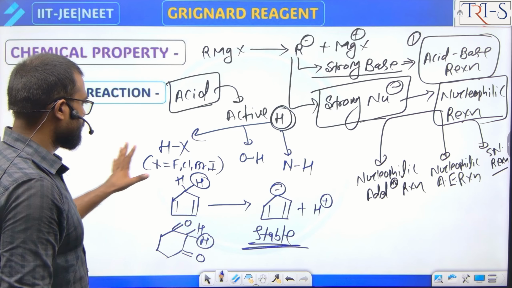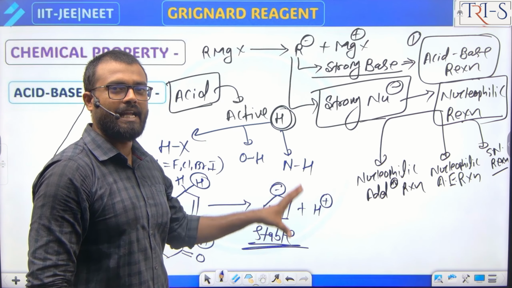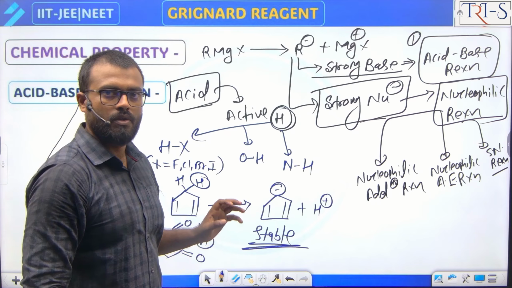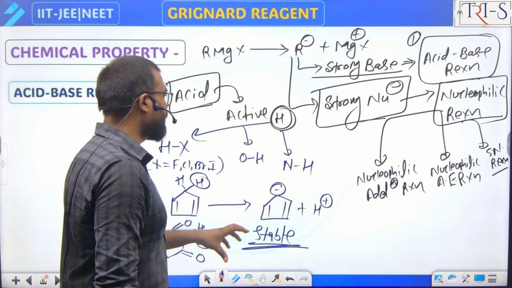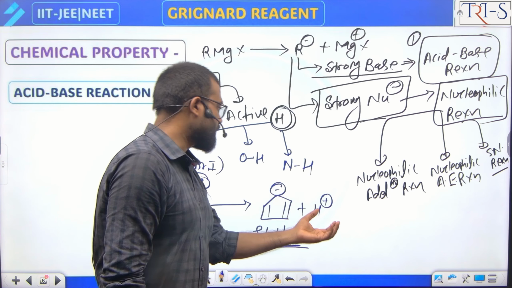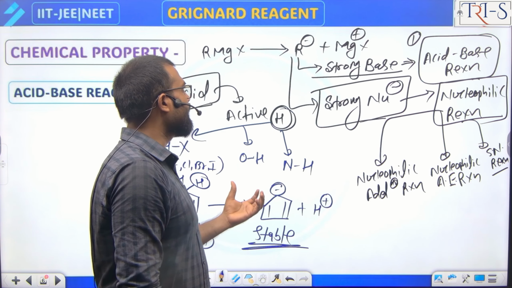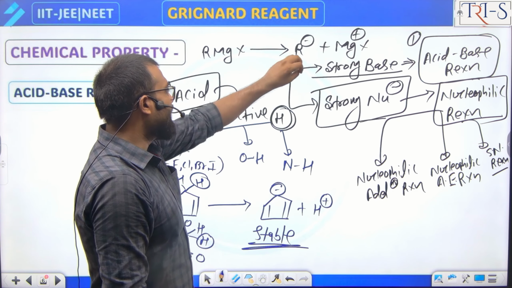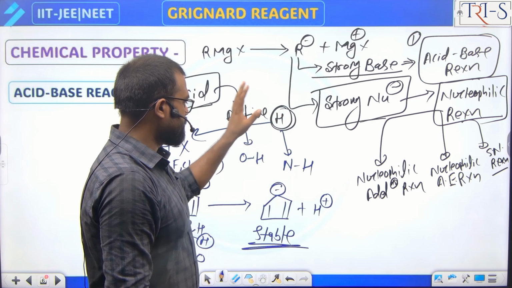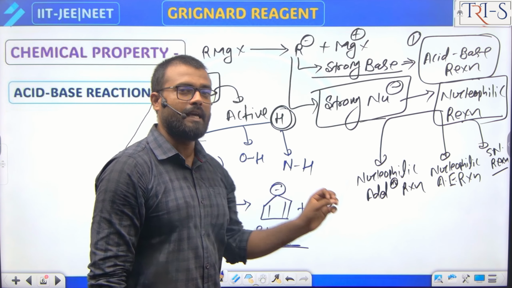Okay, so all these compounds can act as acid. So when the Grignard reagent reacts with such a compound, it will attract the H plus ion, and R minus combines with H plus and generally forms an alkane.